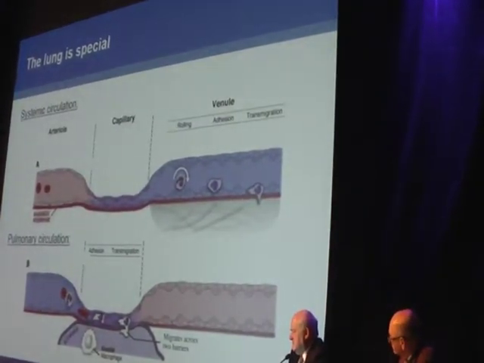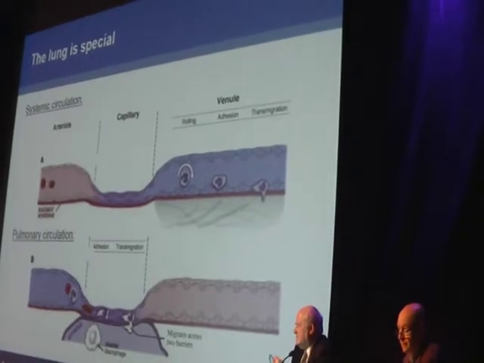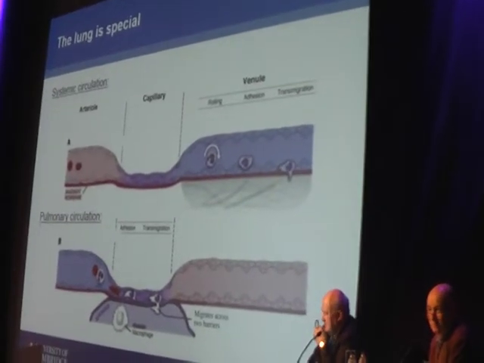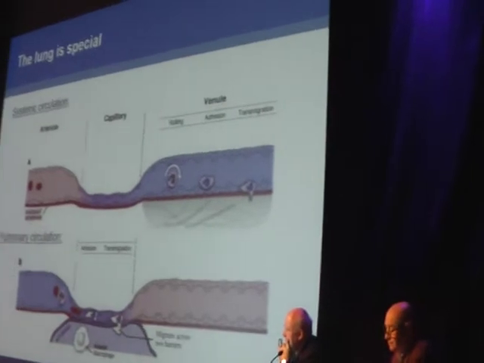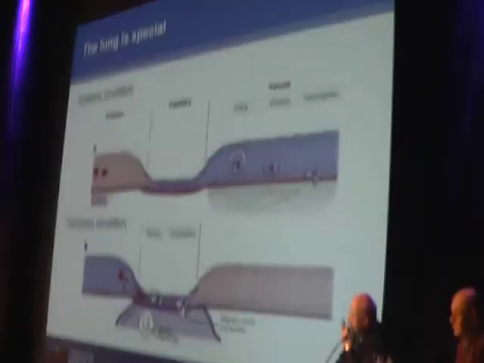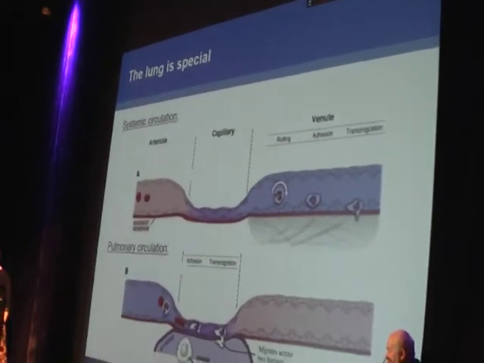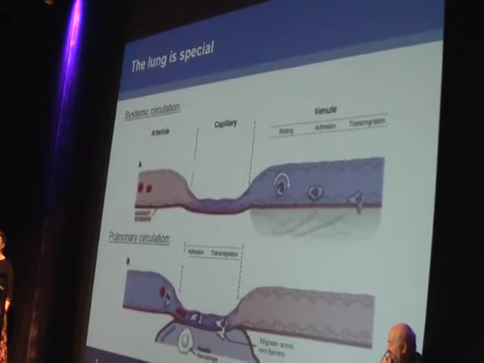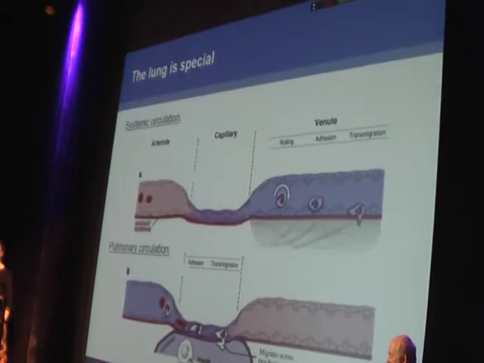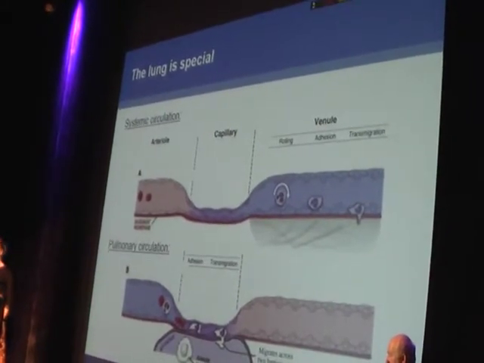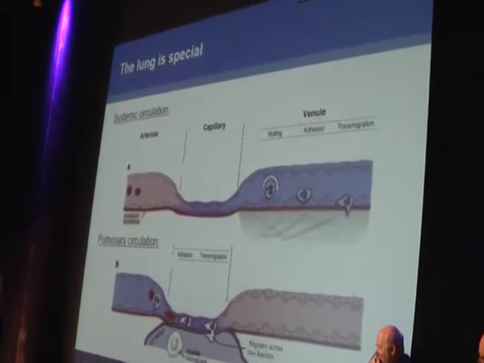One of the reasons that the lung is special and that lots of what we know about inflammation cannot be extrapolated from the systemic circulation is that it's very different. And just to remind you of some of the ways in which it's different, the site of leukocyte extravasation in the lung is actually the pulmonary capillaries rather than the post-capillary venules in the systemic circulation.